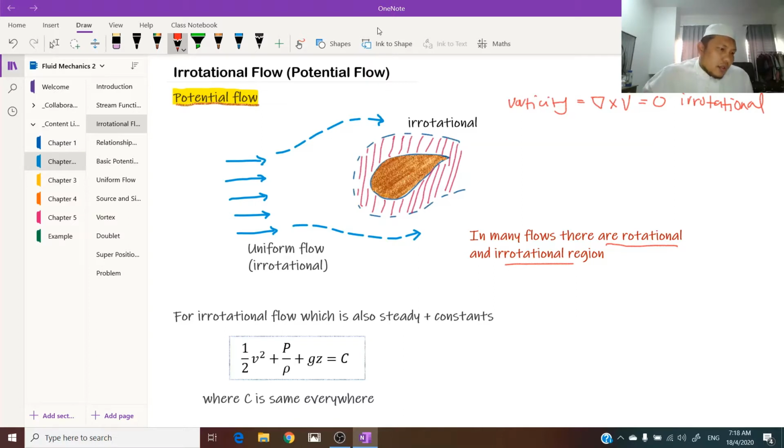Now in this study, we're going to see what we call the potential flow.